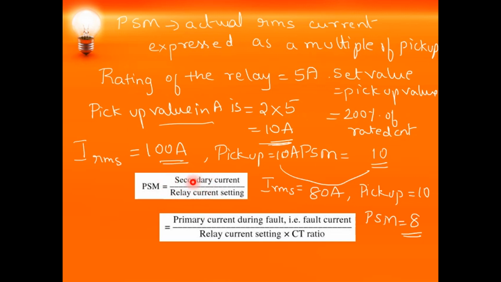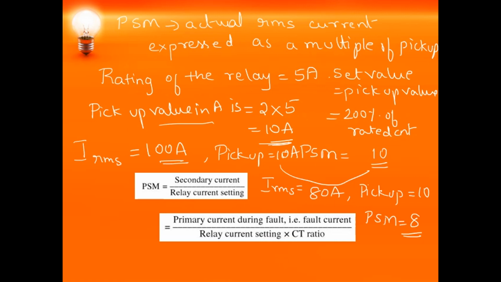So we have seen the components of a protective system in our previous videos, where you have observed that the current transformer is connected to the relay. So the secondary current we will express in terms of CT ratio. So what is CT ratio?